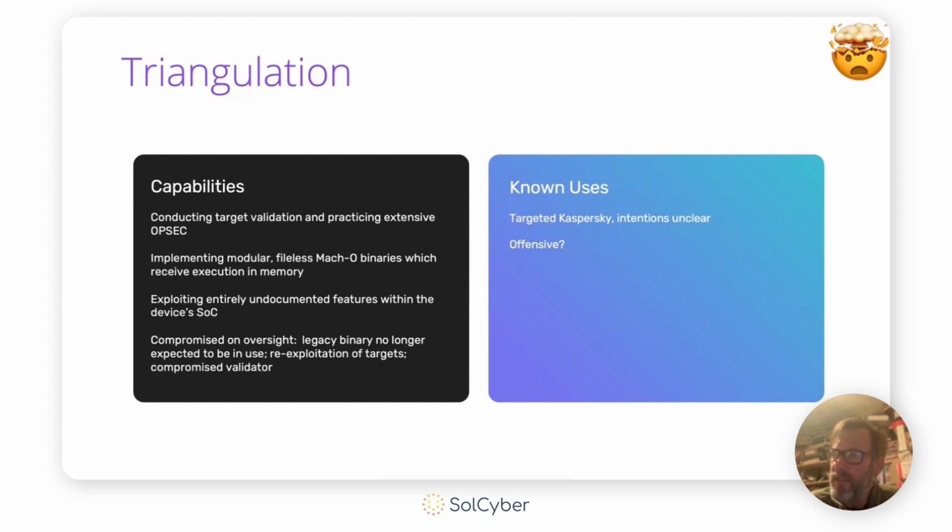It is an offensive implant, and it is a very modular fileless Mach-O binaries that receive execution in memory. There are tons of undocumented features within the device's SOC that it was exploiting. And although this is a legacy binary that no longer can be used on modern iOS, there is a re-exploitation potential of its targets and a compromised validator there.